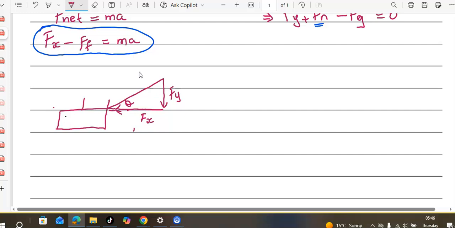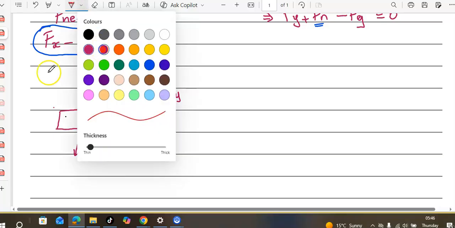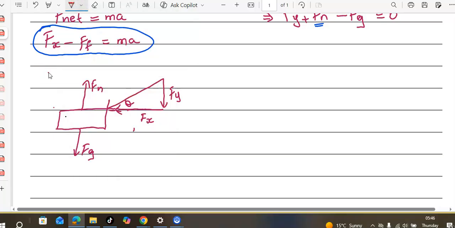So now we have the normal force going up. What else do we have? We have the Fg, but now pay attention. The force is pushed, so it's going to move in that direction, which will make the frictional force go in the opposite direction. Can you see that?